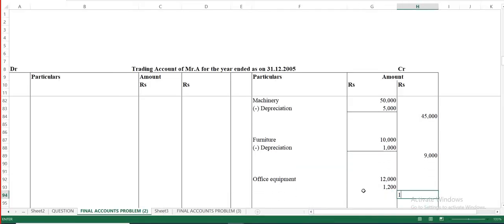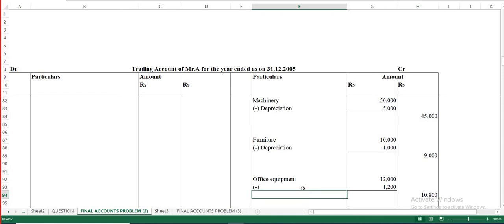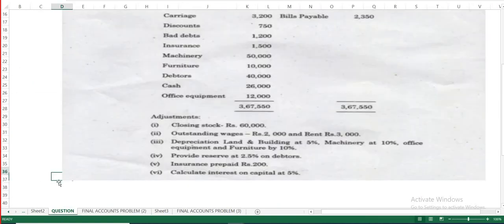So your answer will be 10,800 after depreciation. So we can mention this as minus depreciation 1,200. So any other fixed asset?